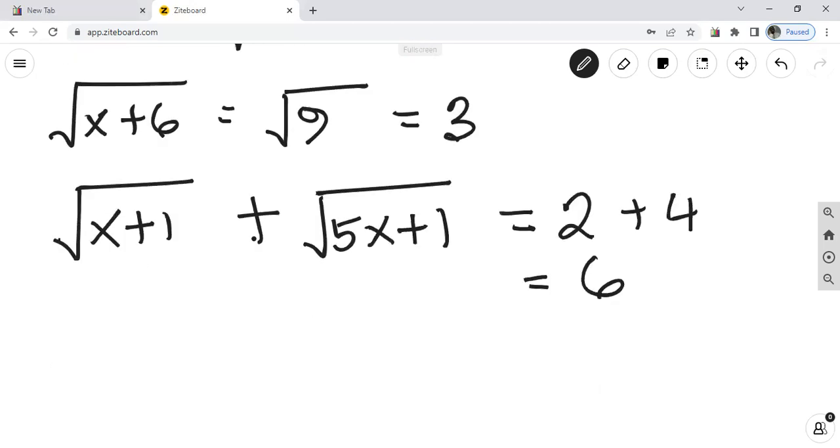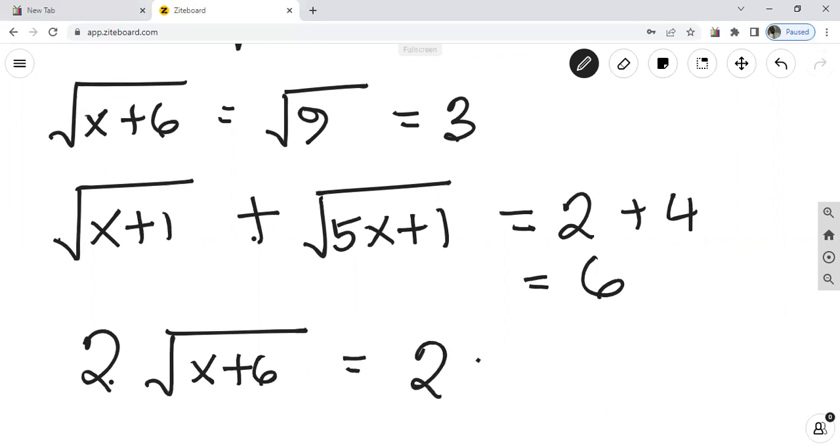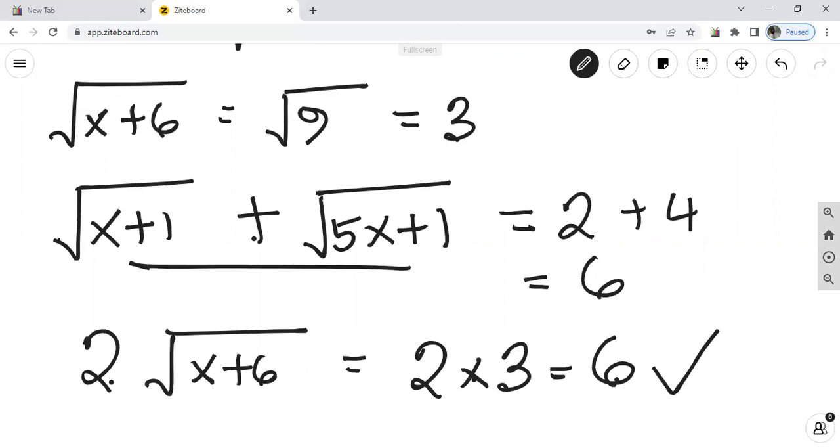What about the other side? The right-hand side is 2 times the square root of x plus 6, and that is equal to 2 times, when x is 3, the square root of x plus 6 is equal to 3, and that is equal to 6. So the left-hand side of the equation really is equal to the right-hand side when x is equal to 3.